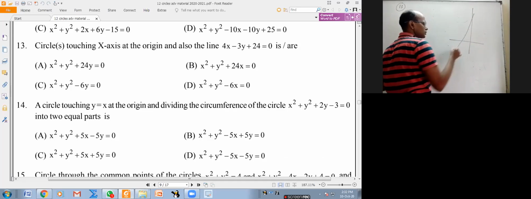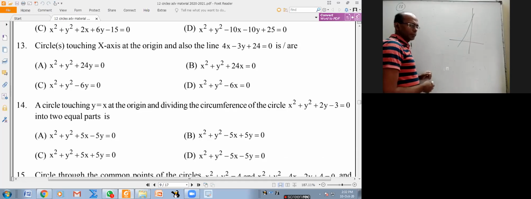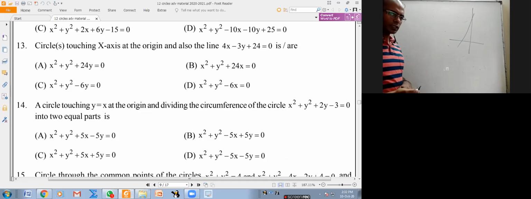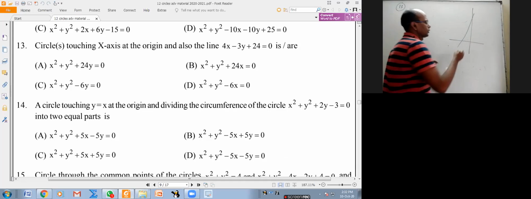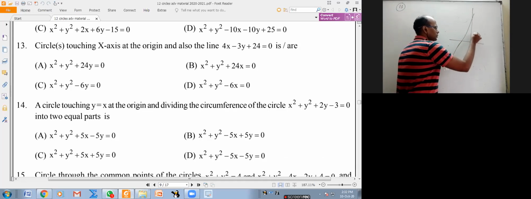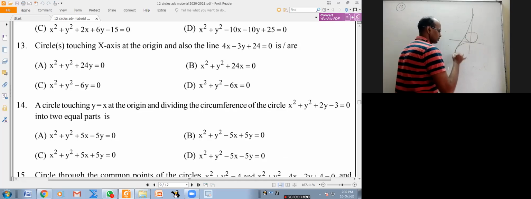Okay, it is a line like this, x-intercept negative and y-intercept positive. Touching the x-axis at origin. So there will be one circle like this and there will be one circle like this.